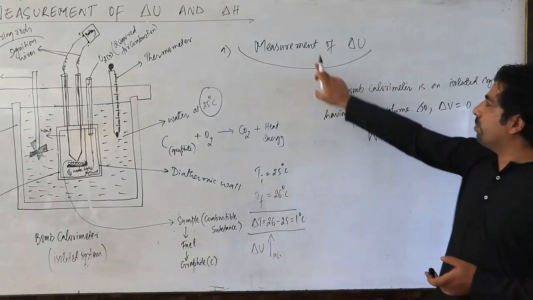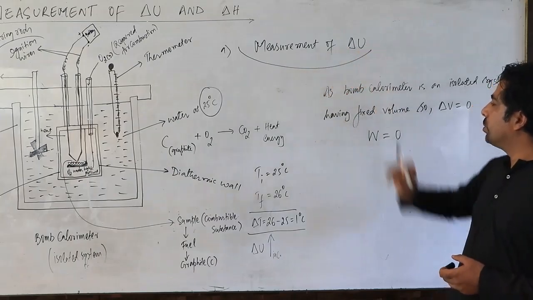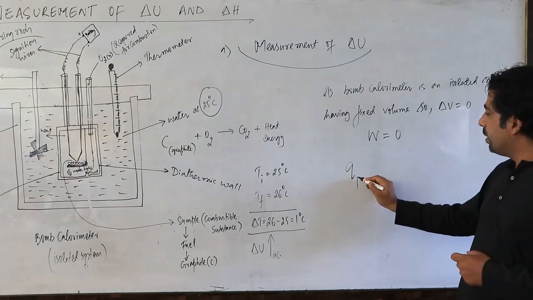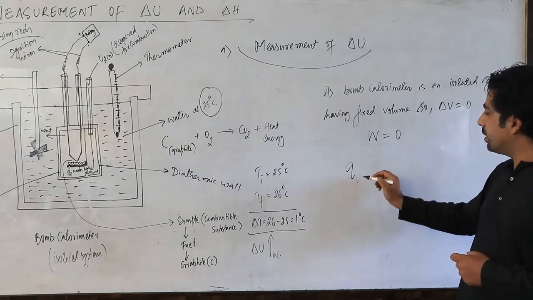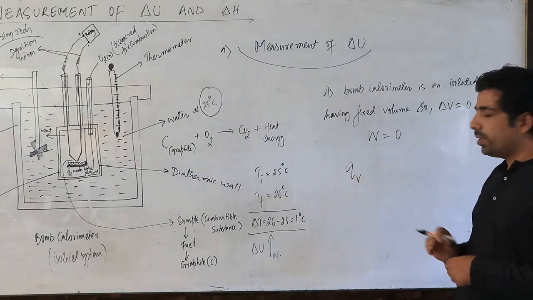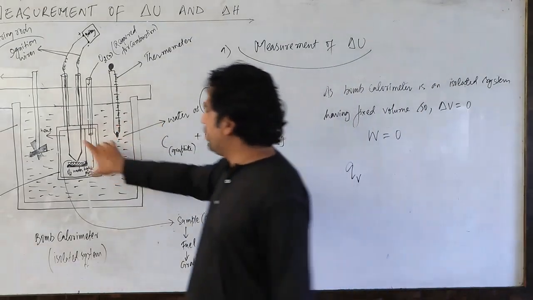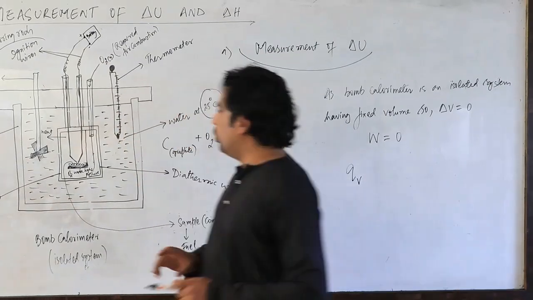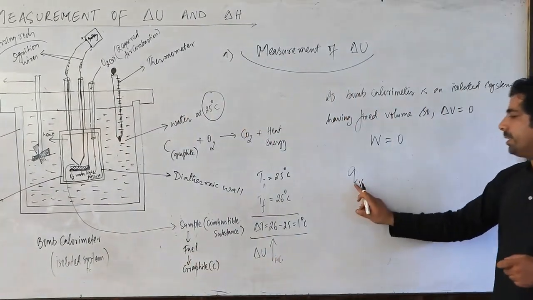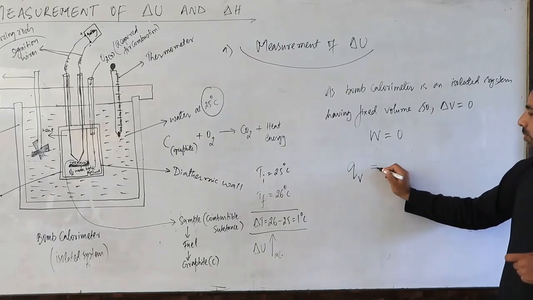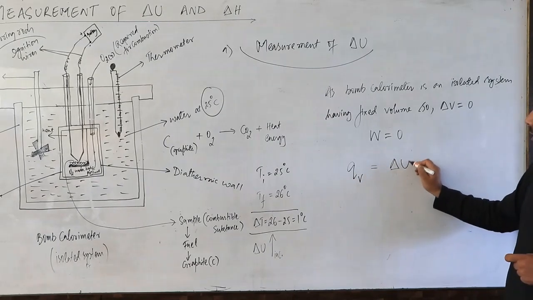Now I am talking about measurement of delta U. So obviously that will be given by an equation called QV, because heat will be absorbed by the water. Let us consider, because water is part of the calorimeter, my dear friends. The heat absorbed by the water is equal to the change in internal energy.